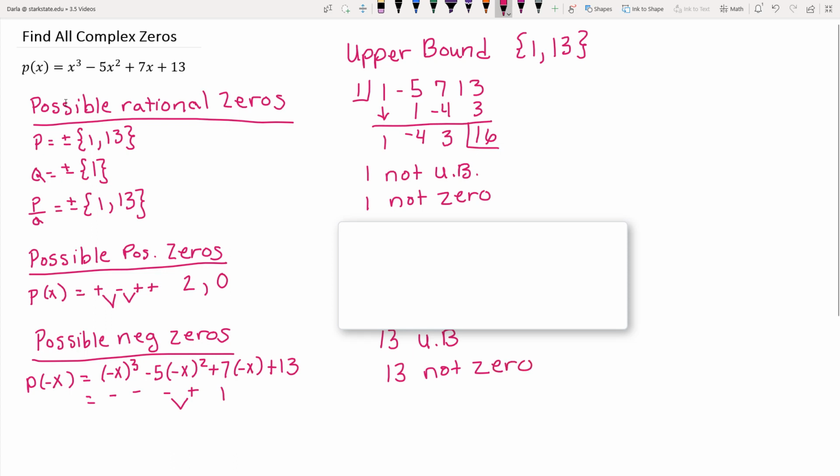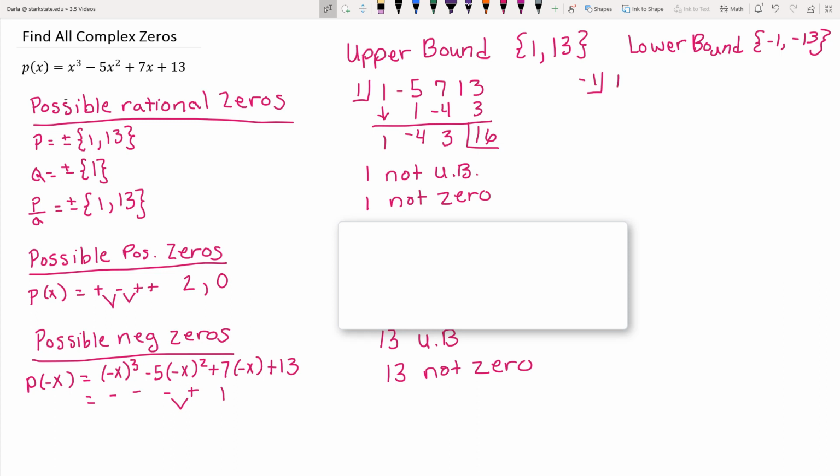So then what we'll do is we'll go ahead and move on to our lower bound testing. And with our lower bound testing, we're going to use our negatives. So we'll use -1 and -13. We'll start off with -1 because you actually start with the highest negative, which is still the same order as far as the numbers are concerned.